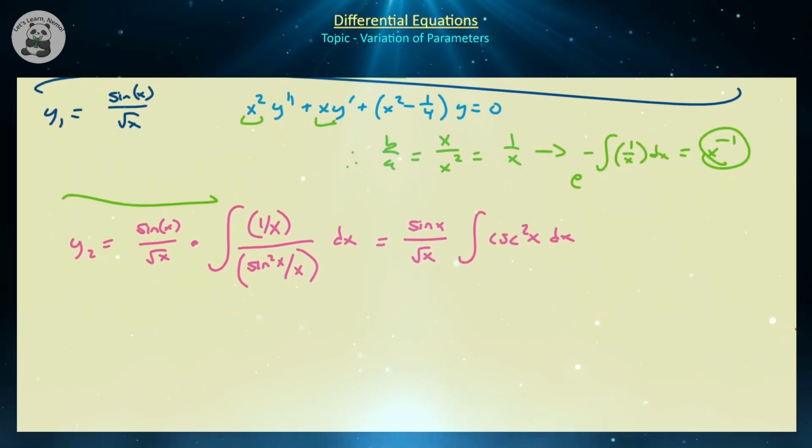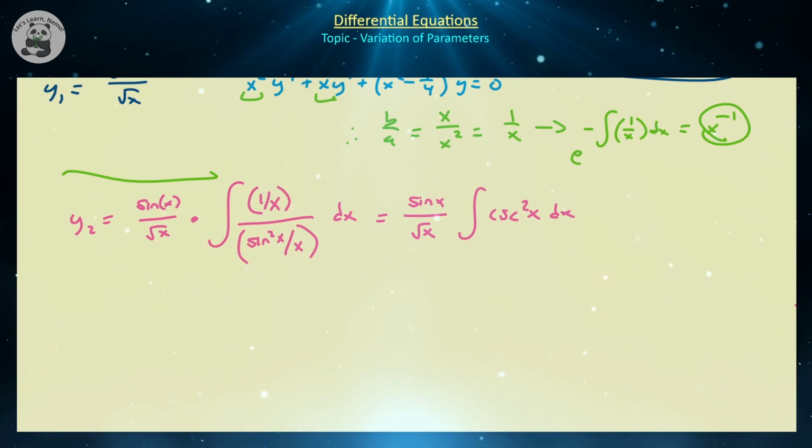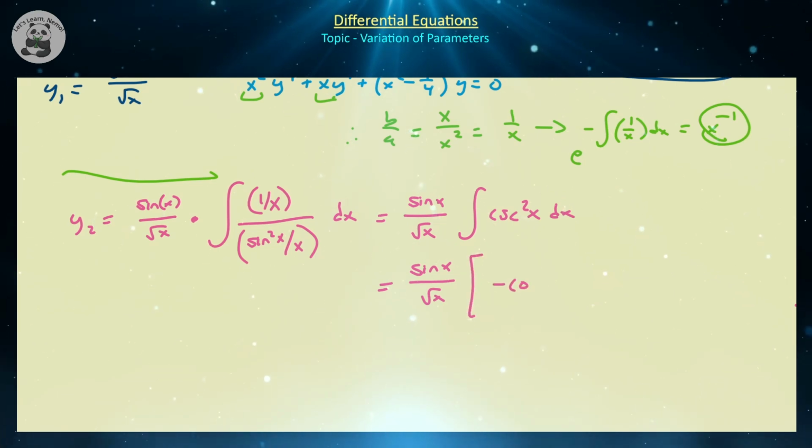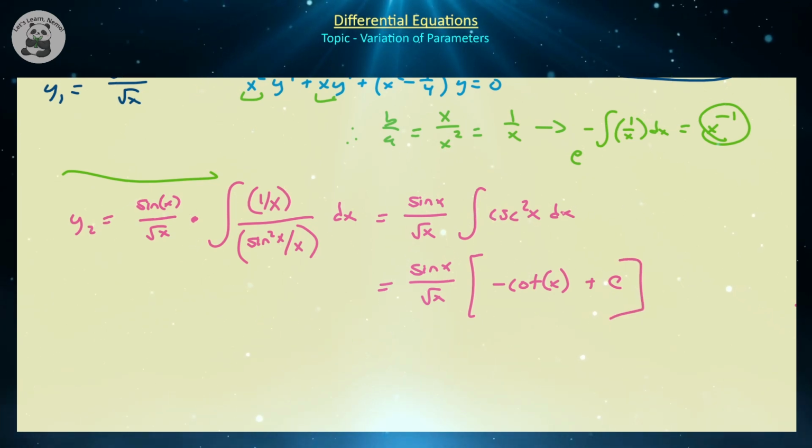We should remember from single variable calculus that the integral of cosecant squared is negative cotangent. So we're left with sine of x over the square root of x times negative cotangent of x plus c, I guess you could say. We're going to mix our constants in a little bit later, but let's just throw it in for the sake of simplicity.